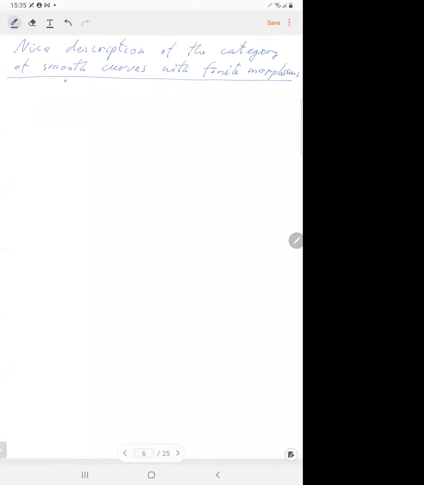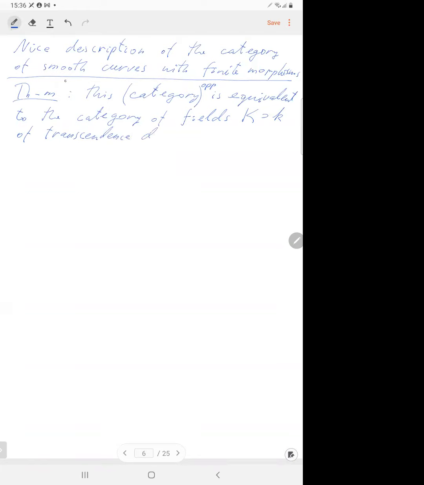Okay, namely, the theorem about this says that this category is equivalent, or maybe I should say not equivalent, but anti-equivalent, or the opposite, to the category of fields capital K containing our base algebraically closed field K of transcendence degree 1.